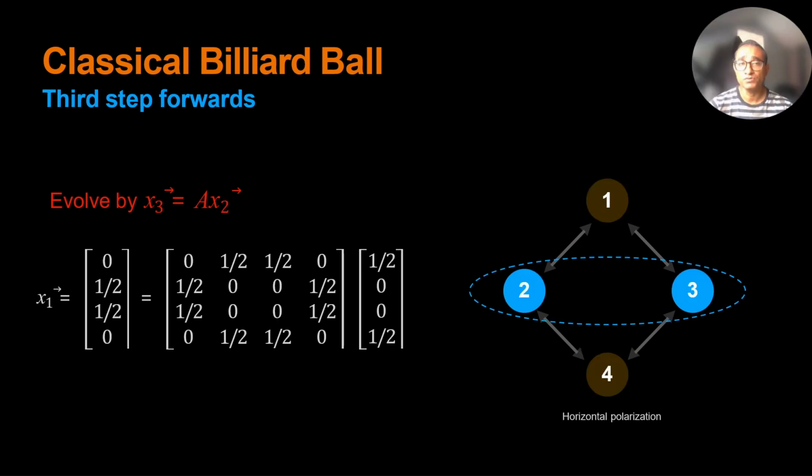If you continue to do this, you will end up finding the balls moving between vertically and horizontally polarized states. So it will oscillate between these two, and it is quite easy to prove mathematically, as you can see on the screen.